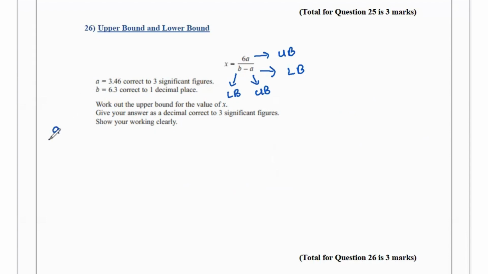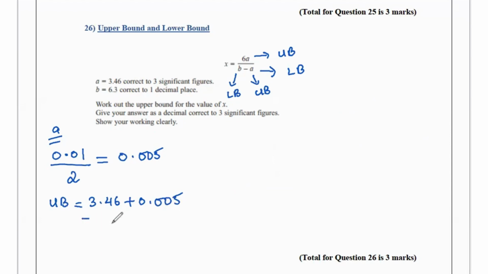Place value is 0.01. So whatever the place value is, you divide that by 2, which gives us 0.005. Now for the upper bound of a, we will add 0.005 to 3.46, which gives us 3.465 as the upper bound of a.